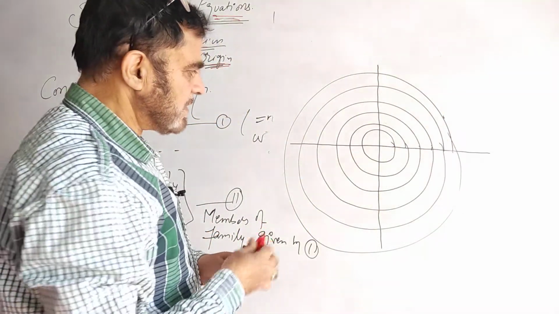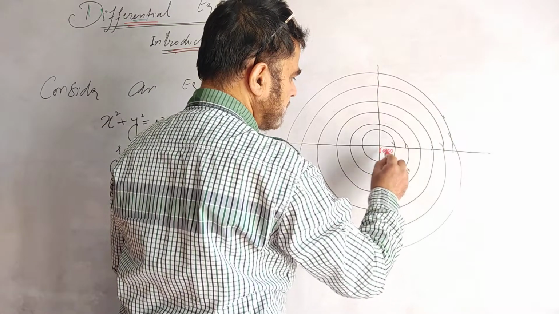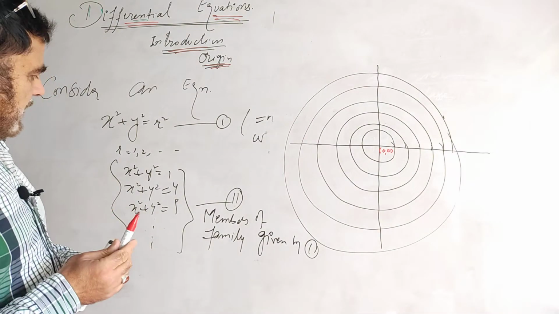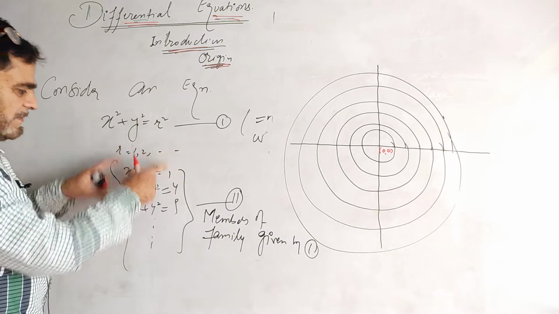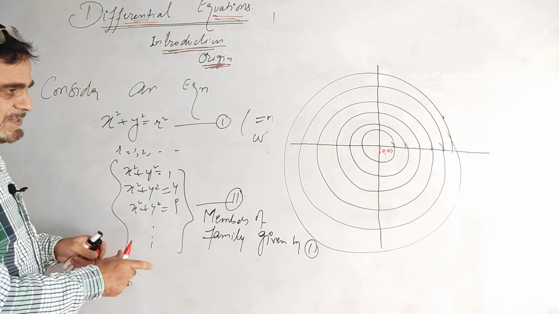Family of concentric circles, with center at the origin. Now this equation x square plus y square is equal to r square represents this family of concentric circles.